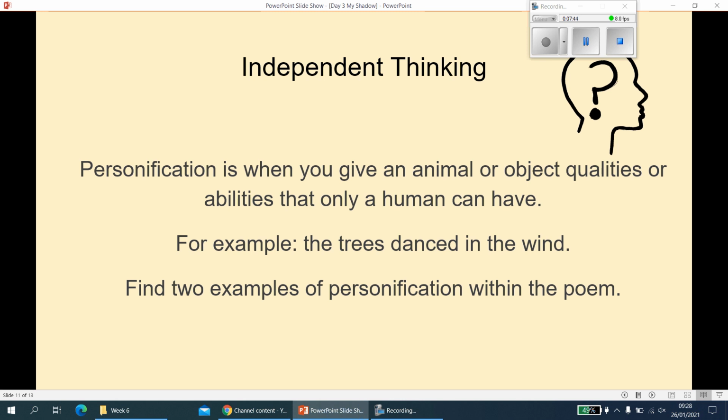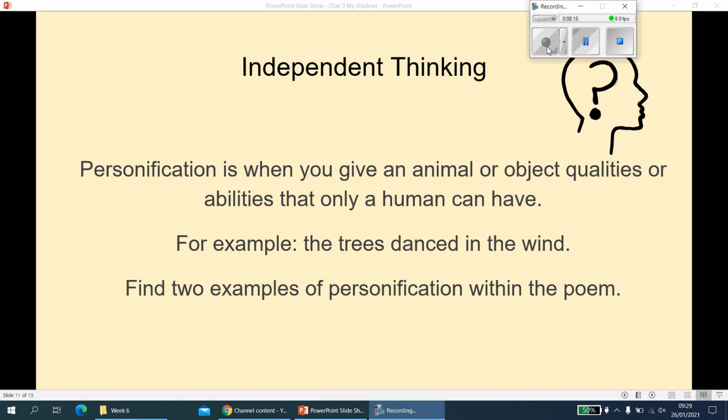I would like you to have a look through the text and see if you can find 2 examples of personification within the poem. We're probably looking at the shadow here because that's an object, it's not a living creature, it's not a human. What does the shadow do that makes it sound like a human? Pause me here whilst you find 2 examples and press play when you're ready to move on.